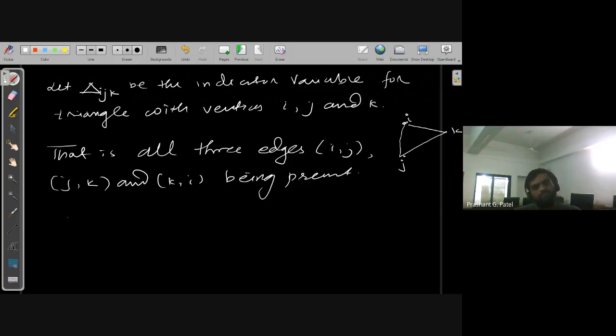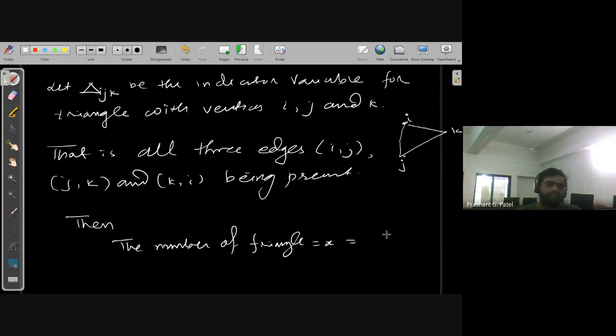Then if I want to count the number of triangles in that G(n,p) graph model, I will denote it by x. So the number of triangles is equal to x. What should be the value of x in terms of this delta ijk?